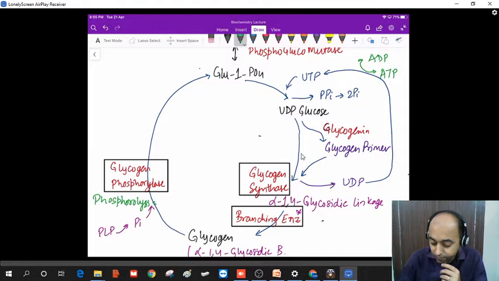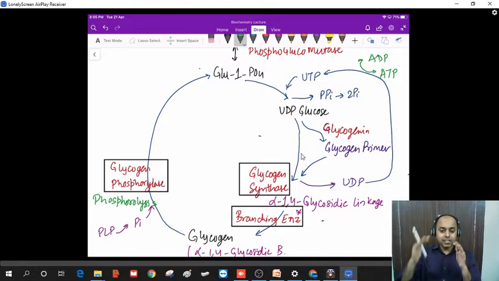This process is known as phosphorylasis, right? So phosphorylasis will cleave the last glucose to give us the glucose 1 phosphate.